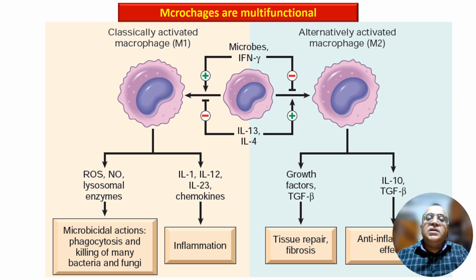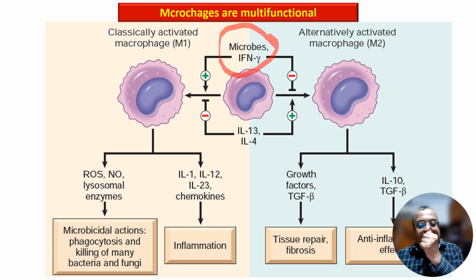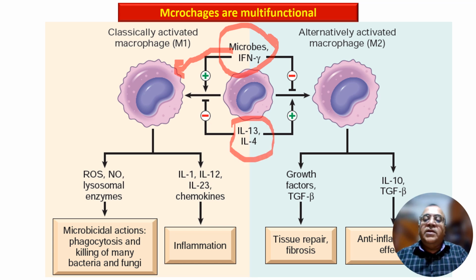So if we further specify, the microbes or gamma interferon will activate the pro-inflammatory or classically activated macrophages, or M1 type of the macrophages, while interleukin 13 or interleukin 4 are going to activate the M2 or alternate type of the macrophages.